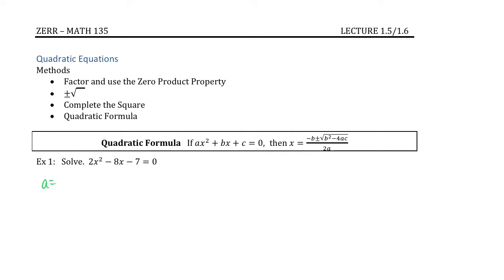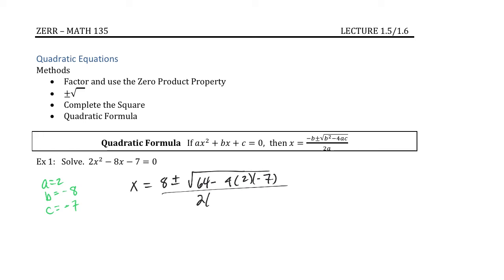So the number that's the coefficient of x squared, that's our a. Our b is the one that's a coefficient of x, and then c is the plain number. So we'll just plug this in, opposite of b, so it would be 8 plus or minus square root of b squared. So negative 8 squared is 64 minus 4 times a times c, all over 2 times a.